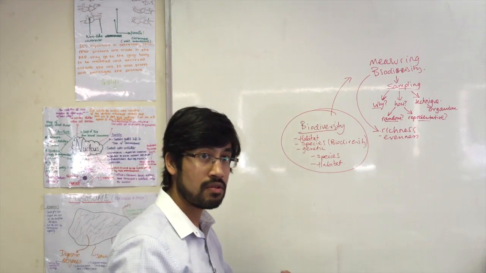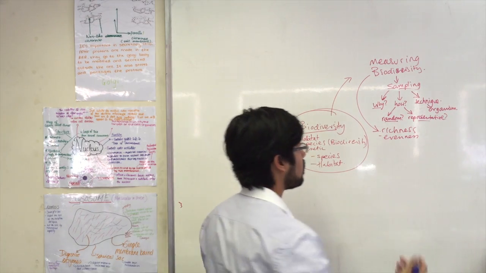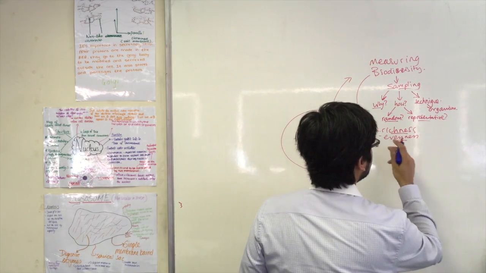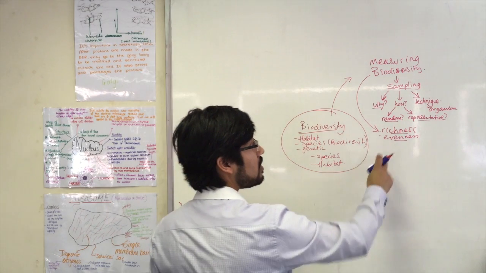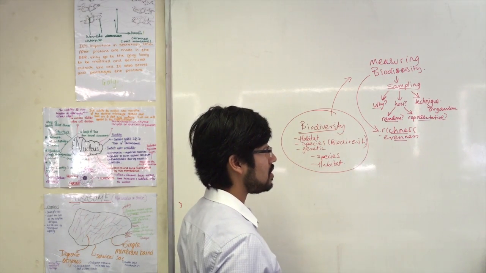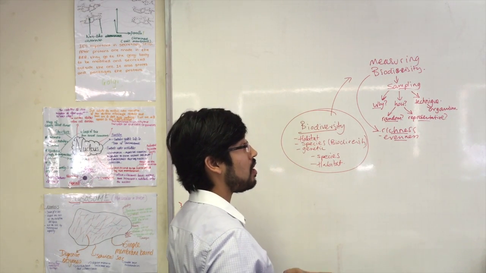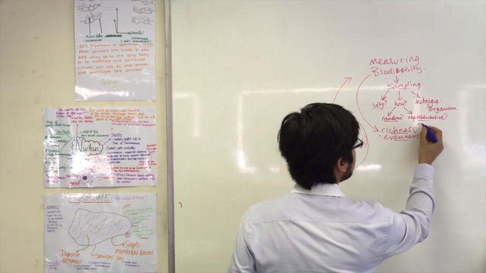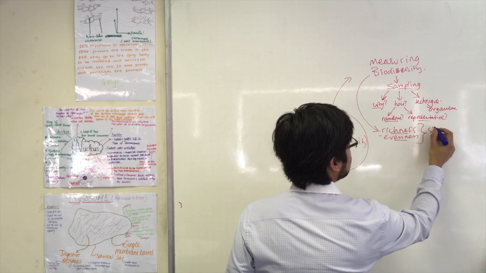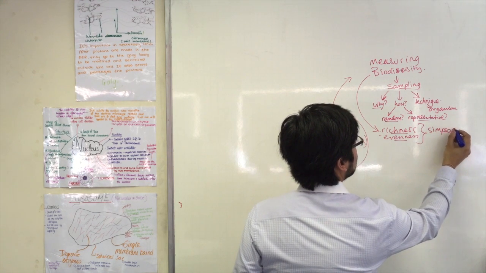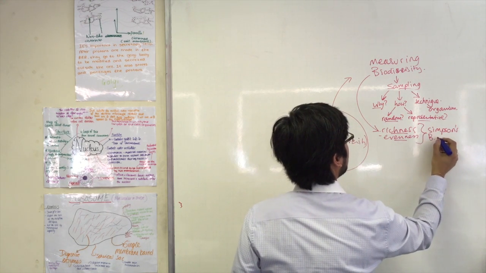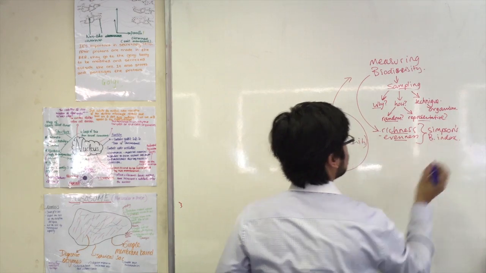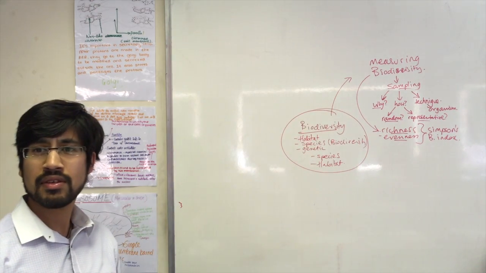If not, you got to find out. Now, richness is about the number of species, and evenness is about the distribution of that species. How many species are there? Is one species dominating? If you take those two things together, you get the Simpson's Biodiversity Index. Is this making sense?